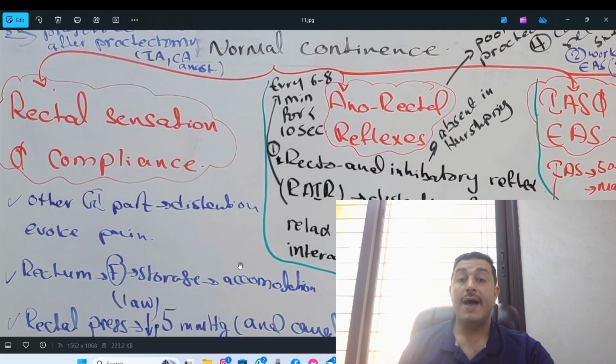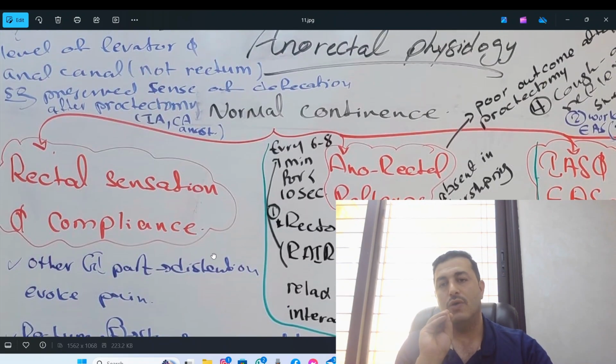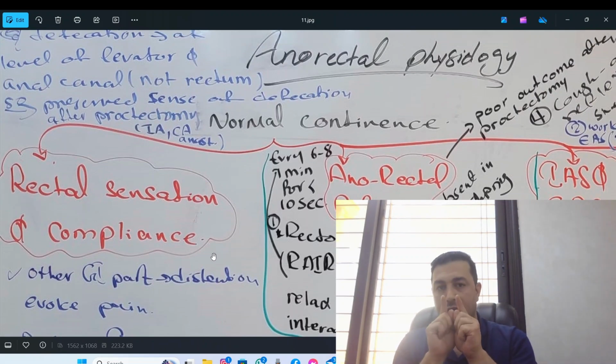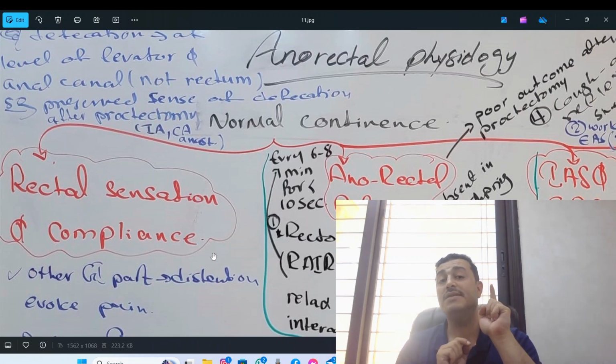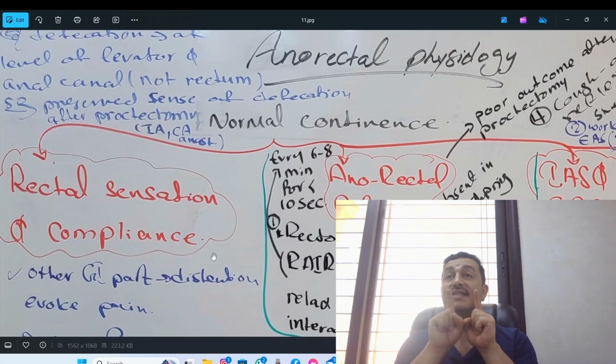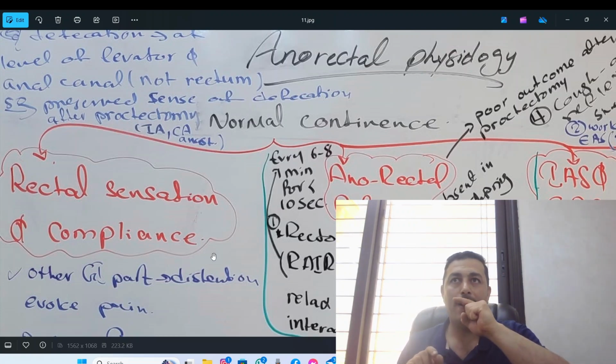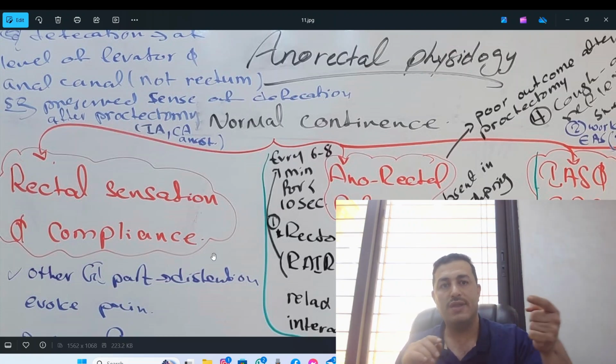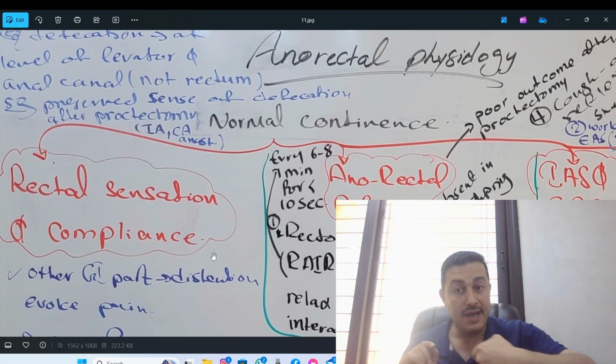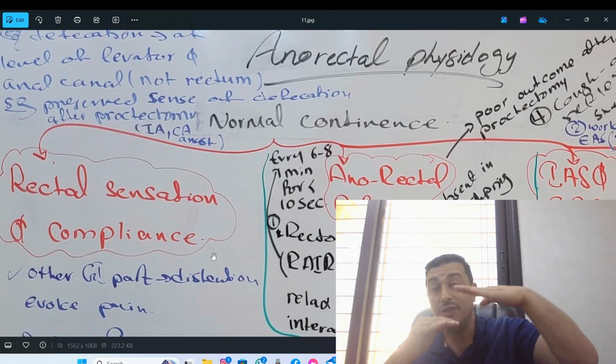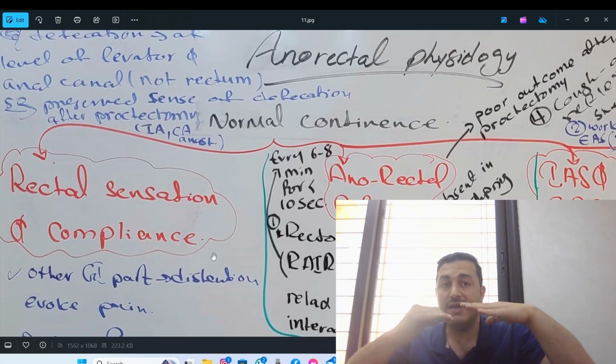Okay, what I want to say also is that defecation, the feeling that you want to go to the bathroom, is actually sensed at the rectoanal junction, where the puborectalis engulfs the end of the rectum, the beginning of the anal canal.